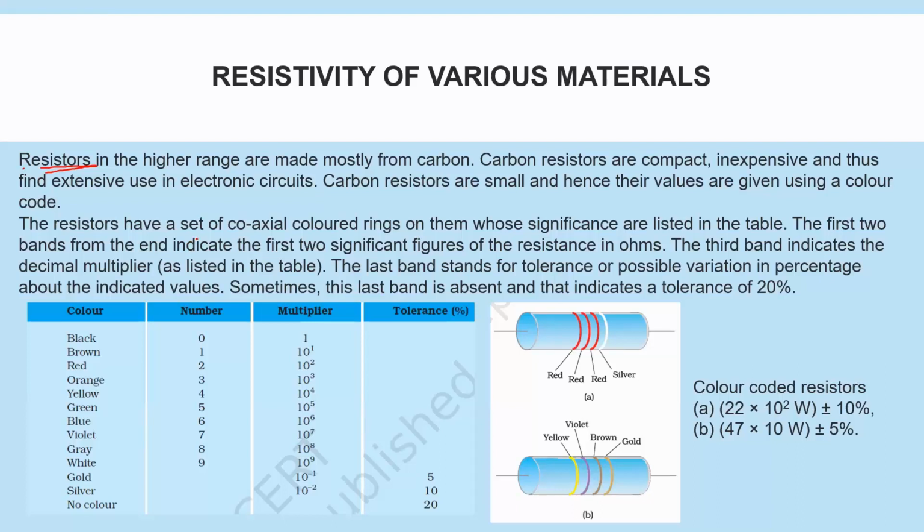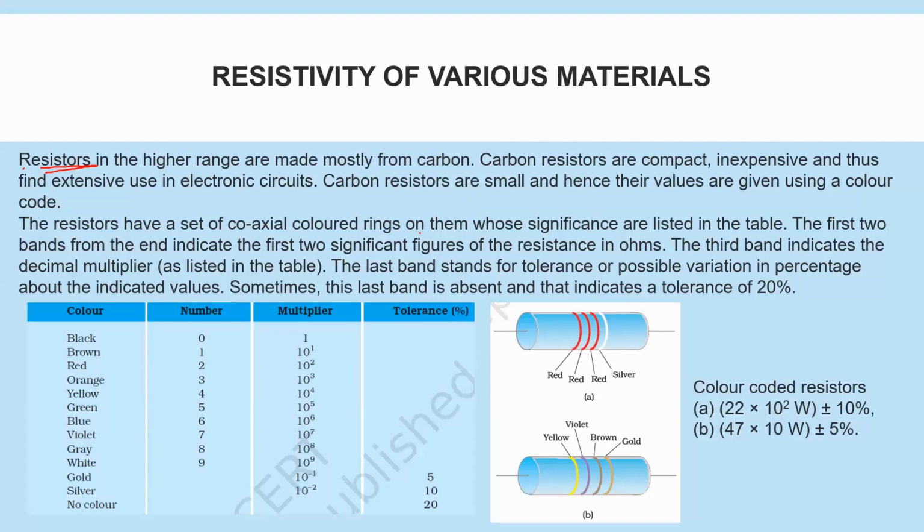So this resistor is usually made mostly from carbon. Okay, so these carbon resistors are very compact. They are not very costly, and that is why we have a wide variety of usage of these carbon resistors in the electronic circuits for different appliances.